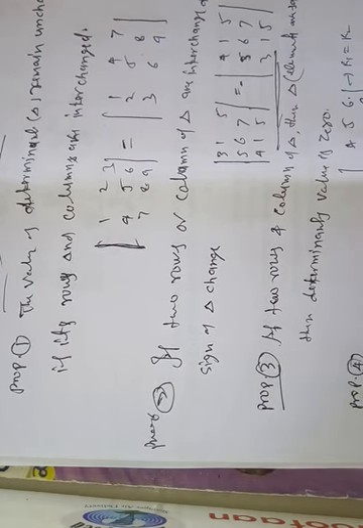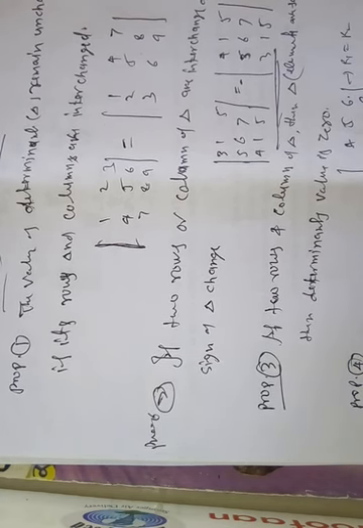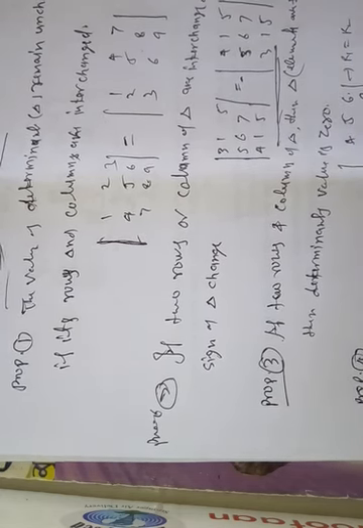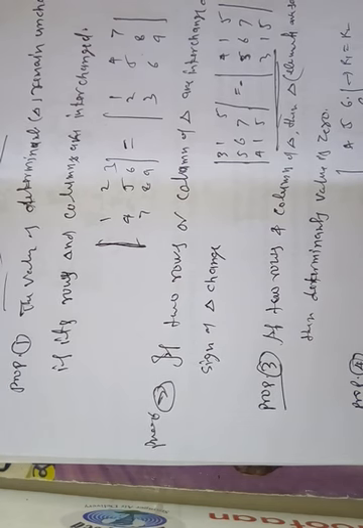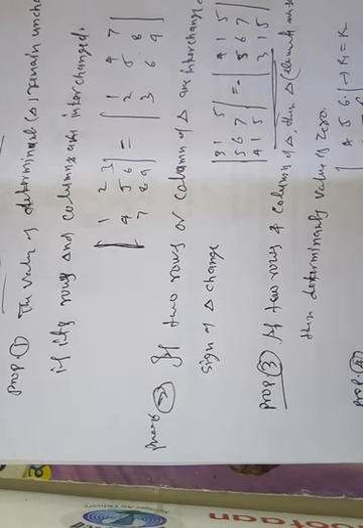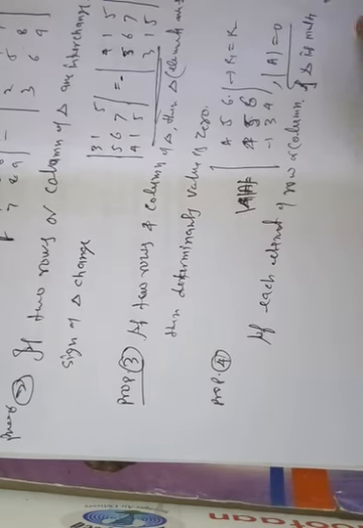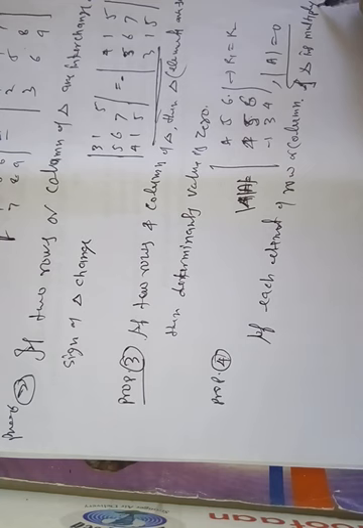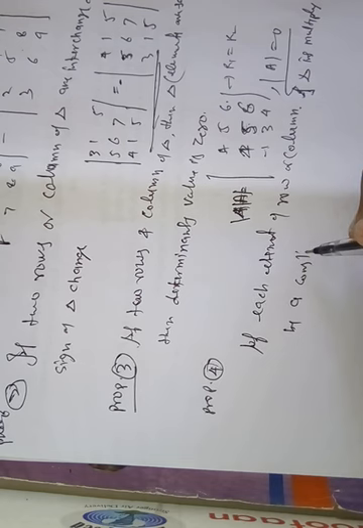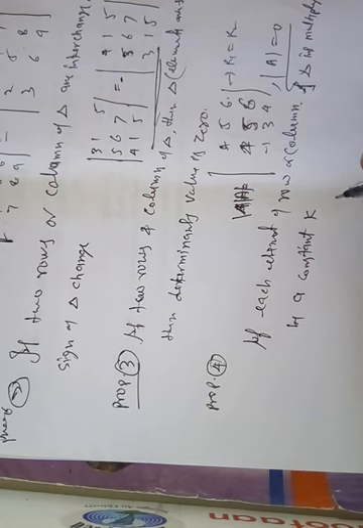Property number 4: if each element of a row or column of a determinant delta is multiplied by a constant k, then the value is multiplied by k.